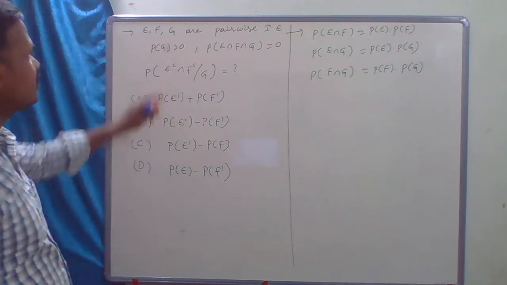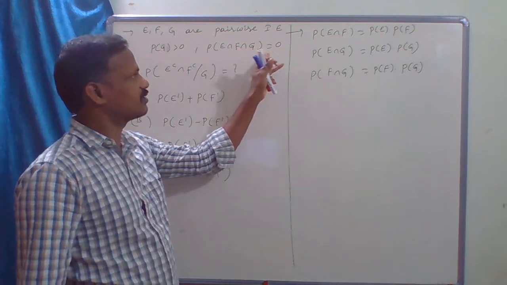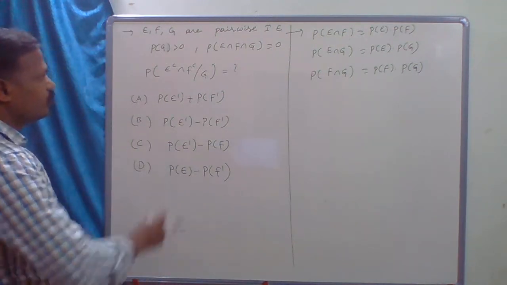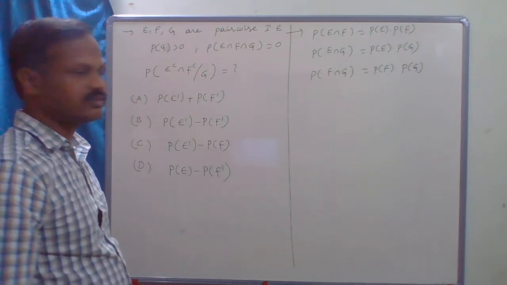And probability of G is greater than 0 given, and probability of E intersection F intersection G equals 0 also given. Okay, fine.